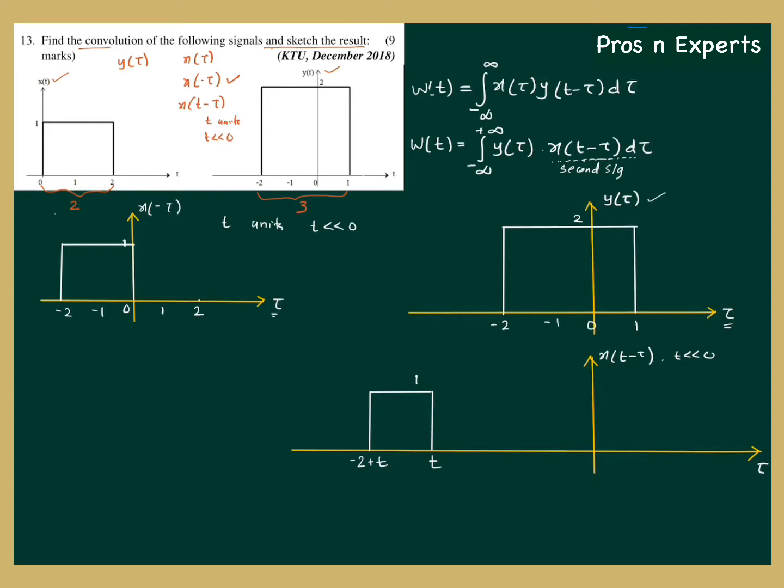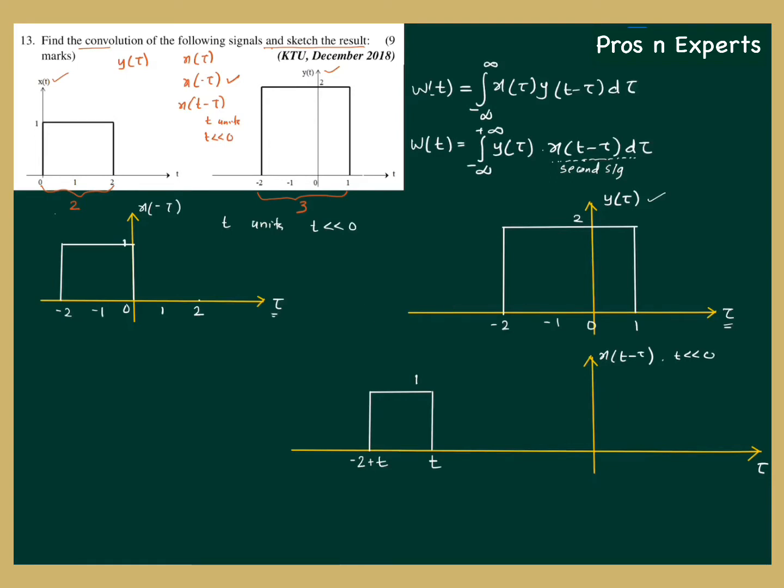W of t is nothing but y of tau, the signal, multiplied by x of t minus tau, and integrating the result. Before integrating the result, what is the product? The product of these two signals is obviously 0, right? Because this signal is being multiplied by 0 here. Correspondingly we have 0 for this signal. So the output is 0.